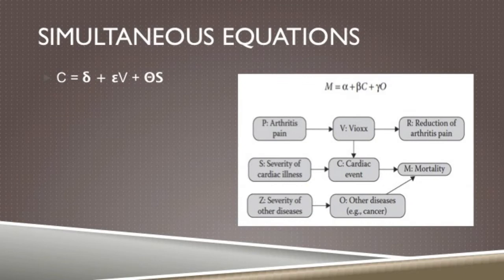This equation will show us what percent of cardiac events can be attributed to Vioxx. This equation states that the frequency of other diseases is a function of the severity of other illnesses in the patient. This last equation links the use of Vioxx with the level of pain among patients with arthritis. If we solve for all of these equations simultaneously, we can determine whether or not Vioxx has led to increased mortality.